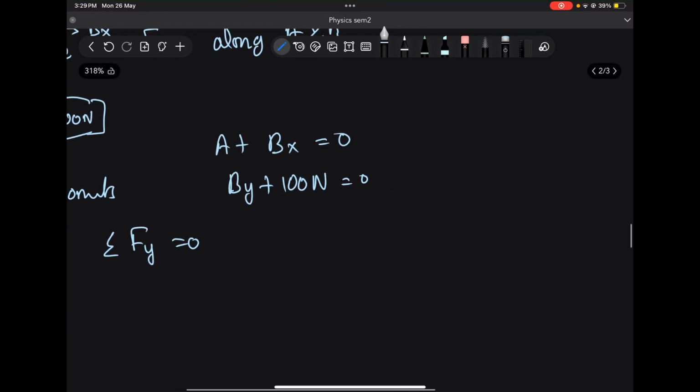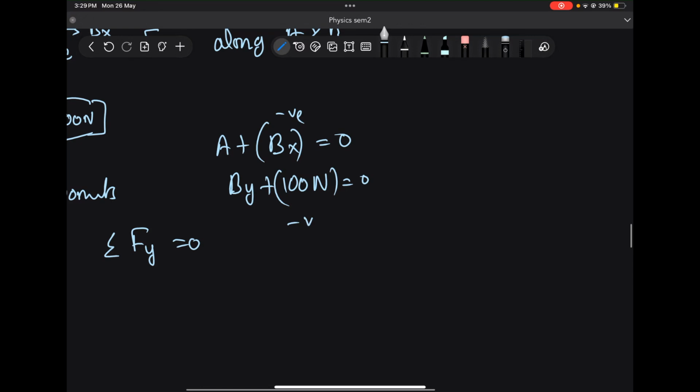Of course this will be negative, and this will be negative. So basically A is equal to Bx and By is equal to 100 Newton, and from that you can get the solution very easily.